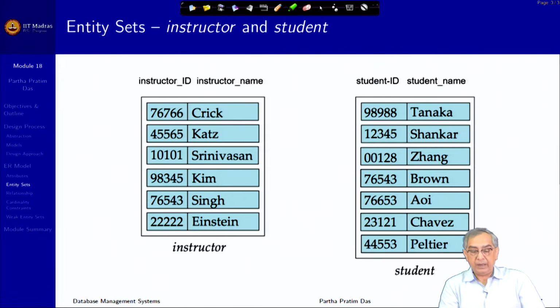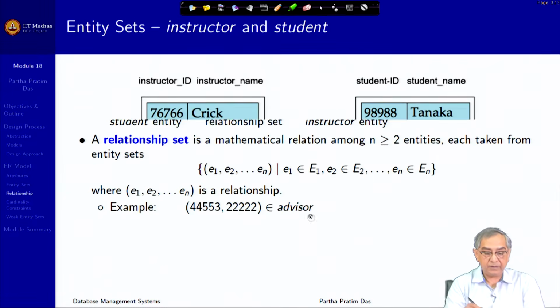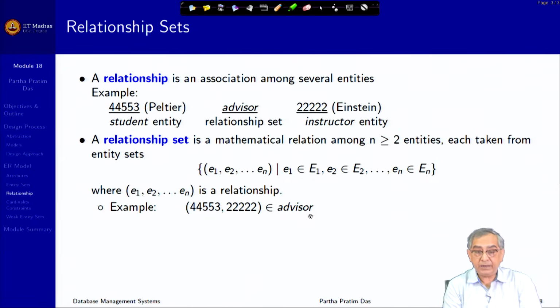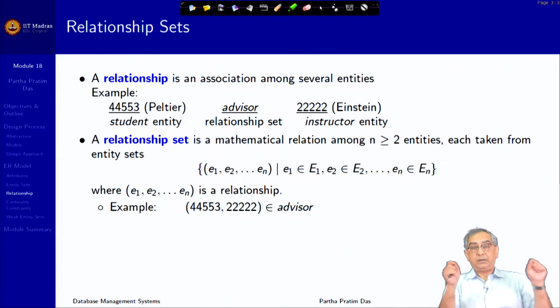This is typically the entity sets: instructor ID and name, student ID and name. You have seen quite a bit of this already. Relationships in contrast are what is defined between, say initially let us assume, two entity sets.